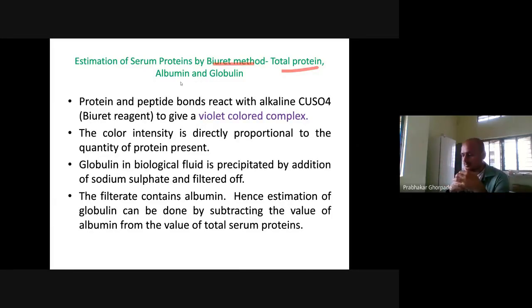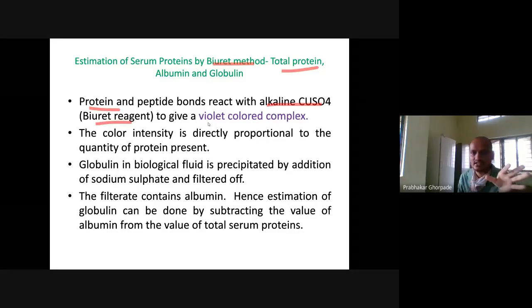Whenever we are doing the protein test, we are interested in the color that forms because of the protein reaction with something. We have this protein and this alkaline copper sulfate, which we call the biuret reagent, and the peptide bond is reacting with this copper sulfate and giving the violet color complex. That means this is the intended color.